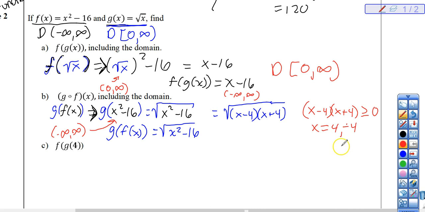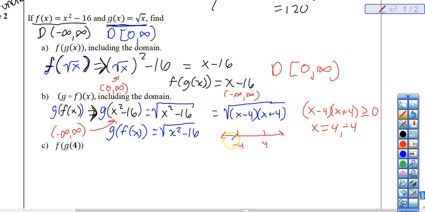So those are going to create zeros on our domain. So if I were to graph those on my domain axes, -4 and 4, I could do a sign chart. Absolutely could do a sign chart. We could also just do some tests. So let's test some numbers.